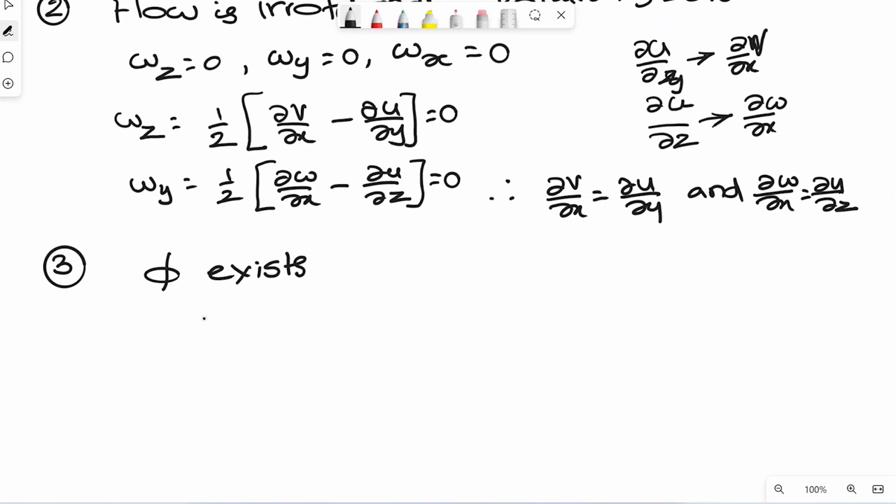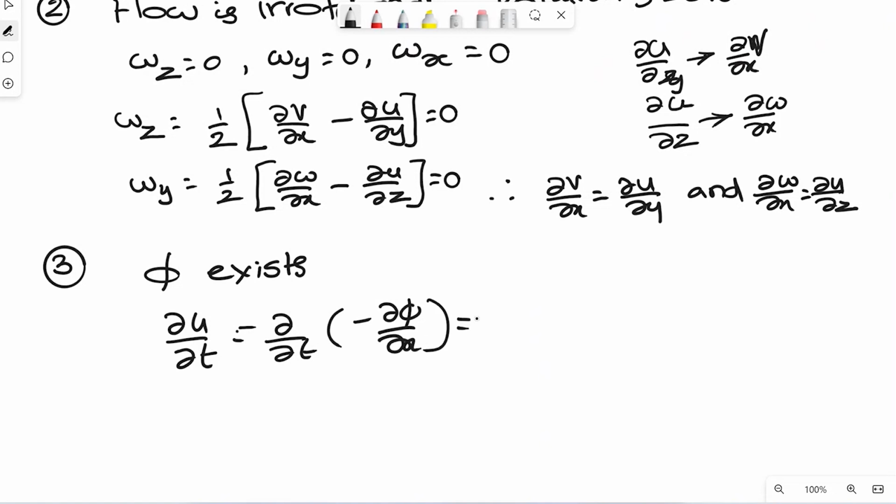Therefore, I can write ∂u/∂t, which is ∂/∂t of u, equal to minus ∂φ/∂x, which is nothing but minus ∂²φ/∂x∂t. So now on the left-hand side and the right-hand side, everything is made with respect to x.